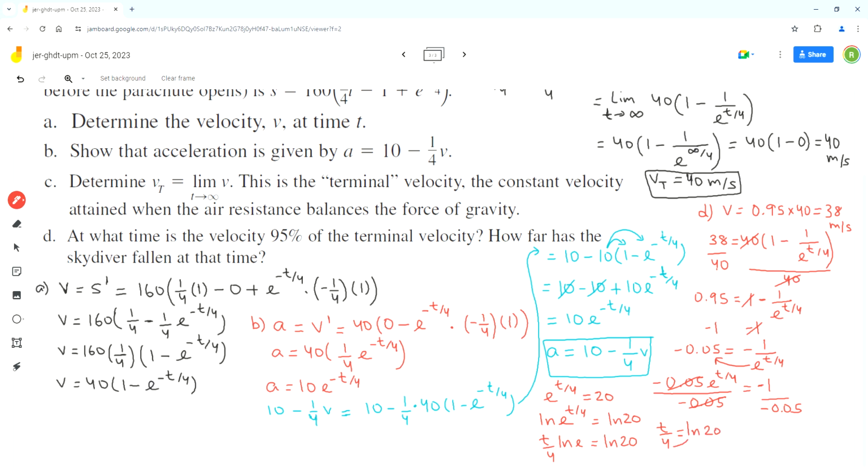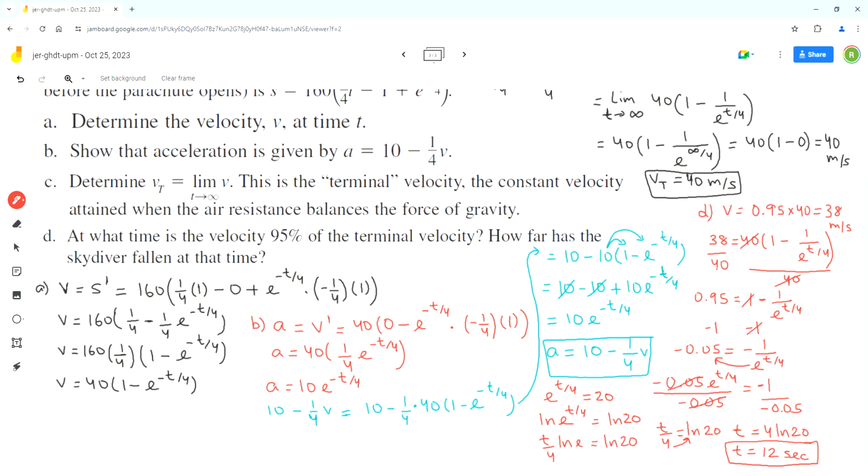And we can cross multiply the 4. So we get t equals 4 ln 20, which is equal to almost 12, and the unit is seconds. So that means at 12 seconds, the velocity will be 95% of the terminal velocity.